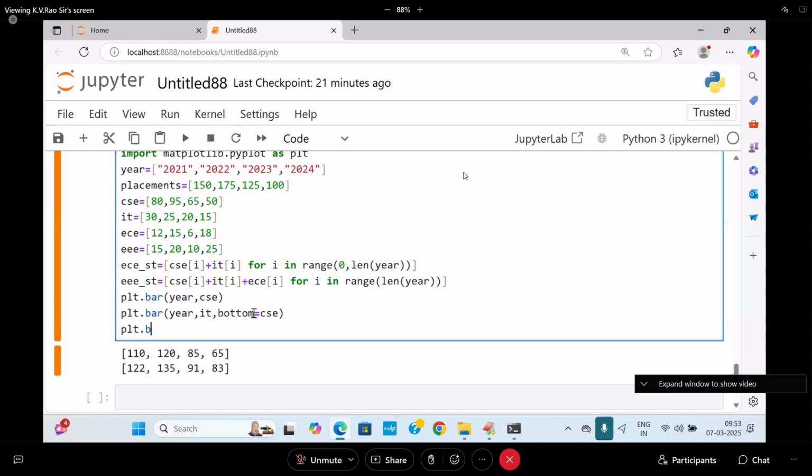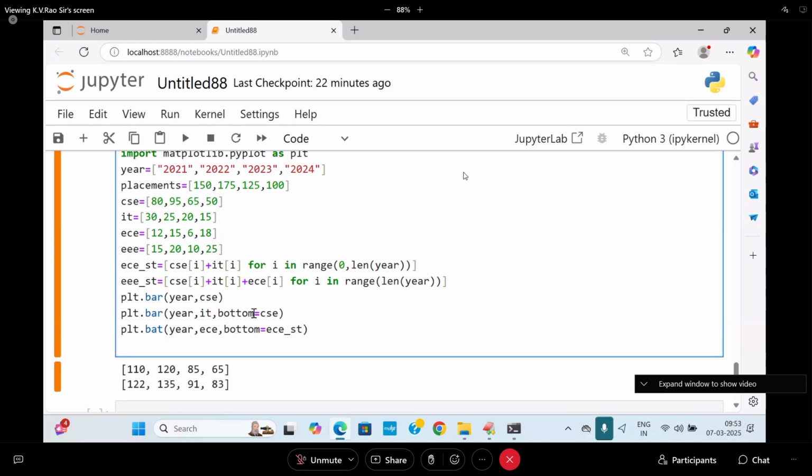Then plt dot bar of year comma ECE, bottom is equal to ECE start. Next plt dot bar of year comma triple E, bottom is equal to triple E underscore start.